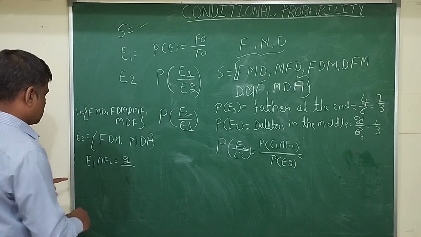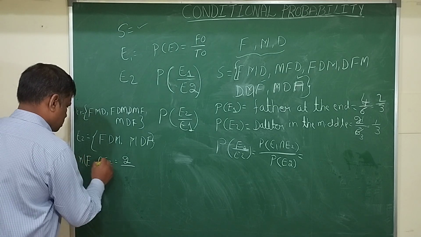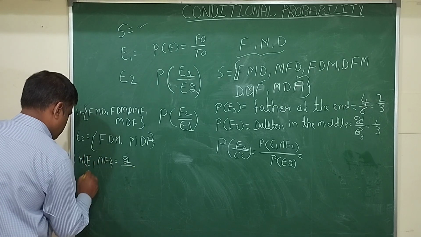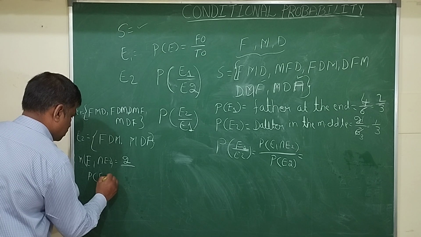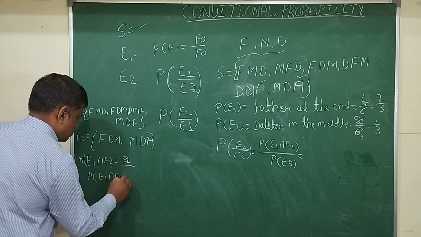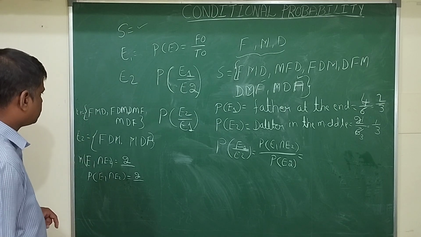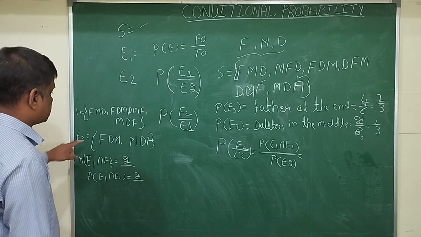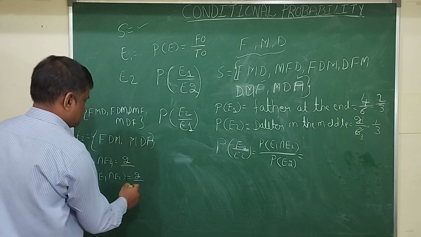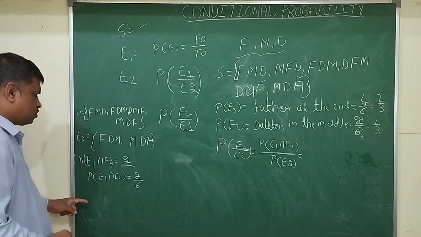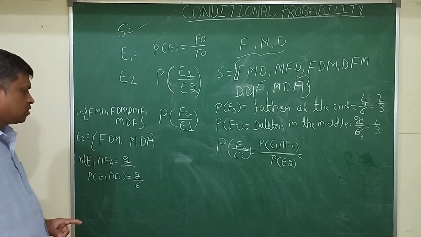The number is 2. So 2 out of how many? 4. Out of the sample space of 6, the intersection we have to take with the sample space: 2 by 6.